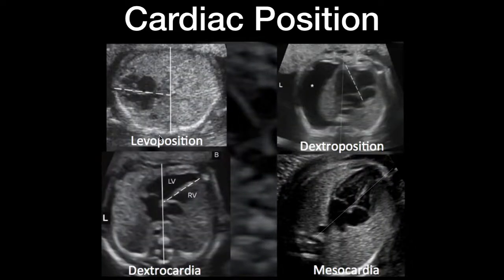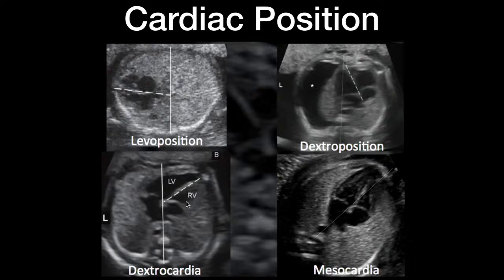Here's a levo position. Heart is pushed more because of a right chest mass. Here's a dextro position. So there's a left pleural effusion that is pushing the heart to the right side, but the apex still points to the left. Dextrocardia is kind of like the situs inversus type, where there's a mirror image.